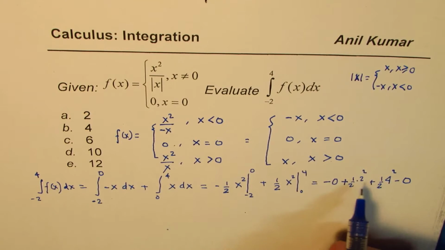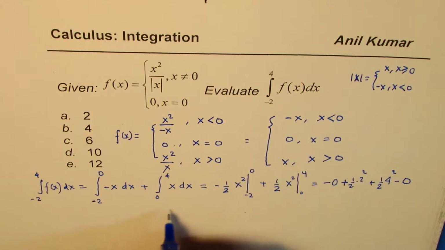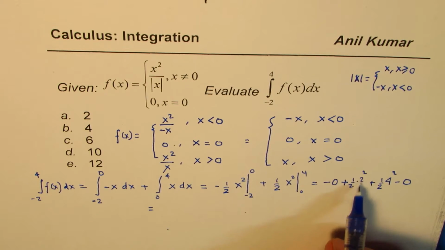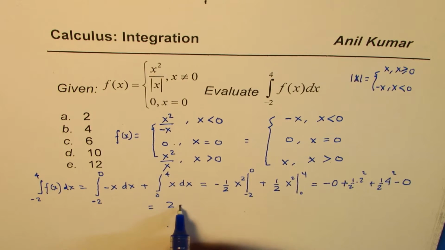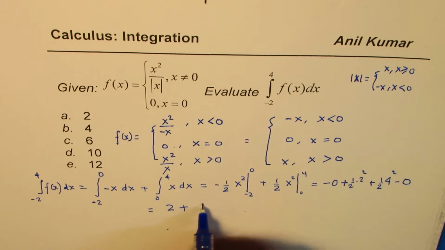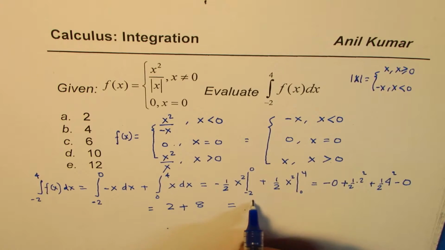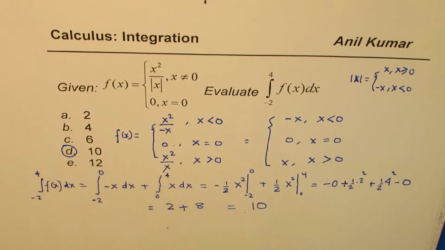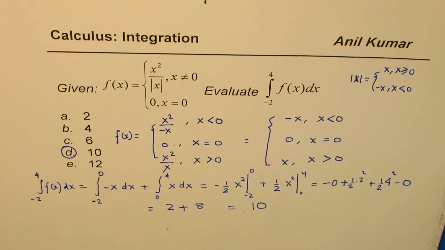If you simplify this, what do you get? Half of 2 squared is 2, plus half of 16 is 8, so you get 8 here. When you add them up, you get 10. And therefore choice D is the right choice. So that is how you could integrate and solve this question.